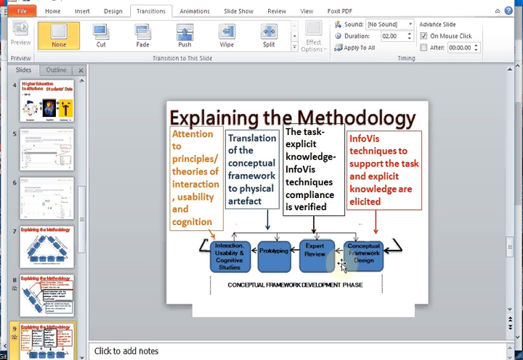So the next phase of the methodology is the conceptual framework design. Based on what we have at the first phase, after understanding the task that users are going to be executing using the decision support system, after identifying the knowledge involved, knowledge is different from the task.